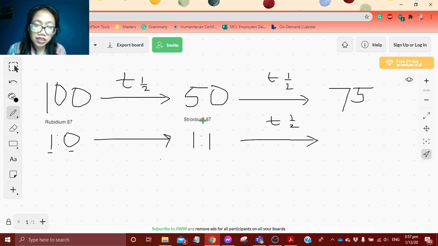We had 50 strontium-87 here, and now we have 75 strontium-87. So you have 25 versus 75. So that would change the ratio. So you have a different ratio here. So that's our half-life.